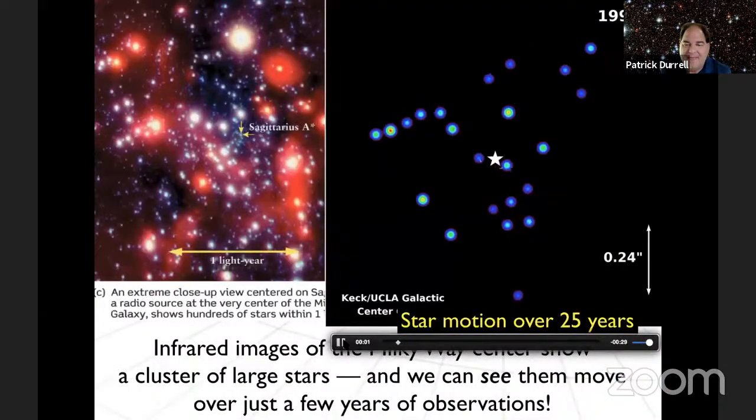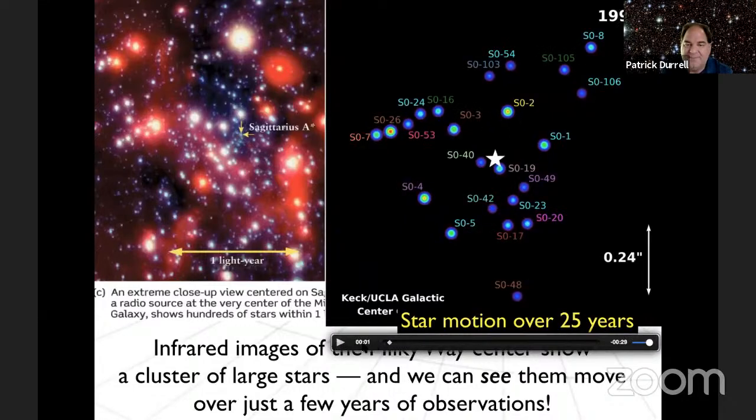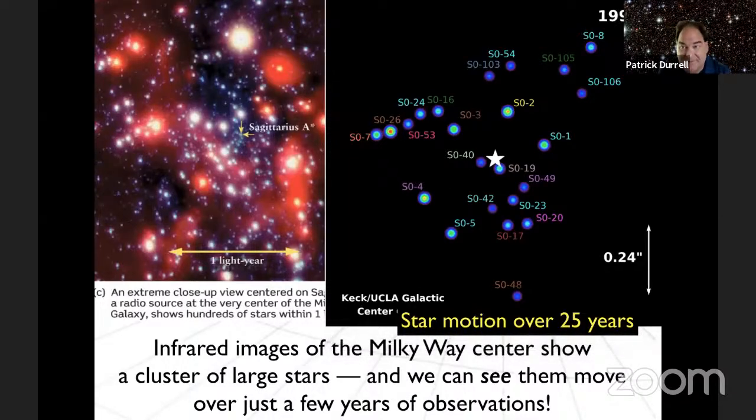Now, before I play this video, I need to preface this because, as an astronomer, I'm not only fascinated by the things that I do my research on. And for me, as someone who likes all aspects of astronomy, one of the most exciting results is the study of stars at the center of the Milky Way.